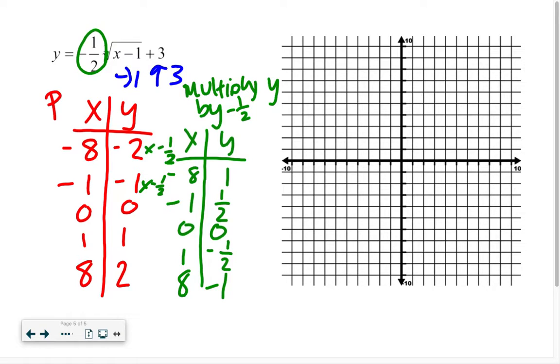Let's graph that one. So this would be our y equals -1/2 cube root x. So we got -8, 1.